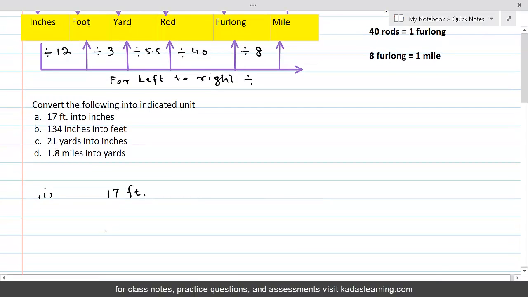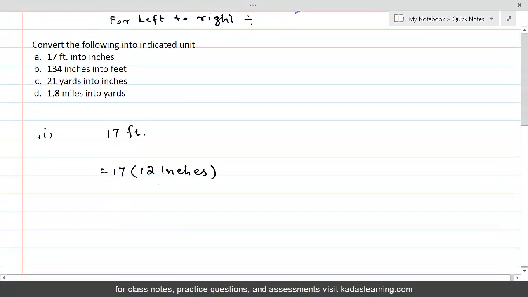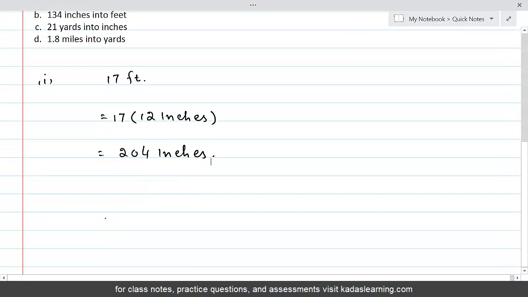Or we know that 17 times the equivalent of a foot, which is 12 inches, will be equal to 204 inches. This is the answer to question number 1.